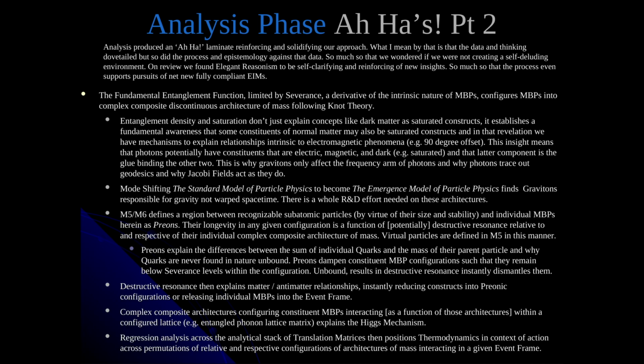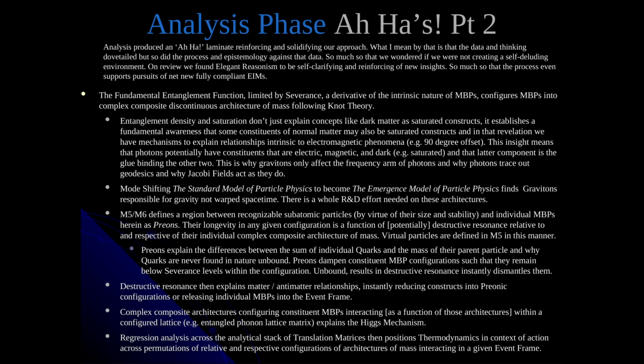They resonate to destruction, basically, and they do that on those time frames that are consistent with the standard model of particle physics. On the other hand, there are preons in particles like protons and neutrons that dampen quarks, and quarks don't usually exist in an unbound state. They only exist when they're bound, because they need something to dampen the energy levels that they have, and the answer to that in the emergence model is preons.